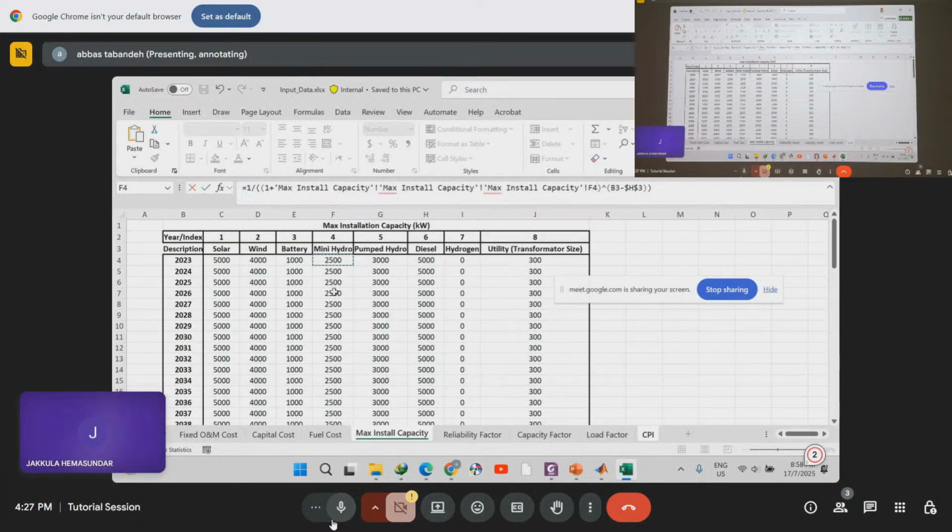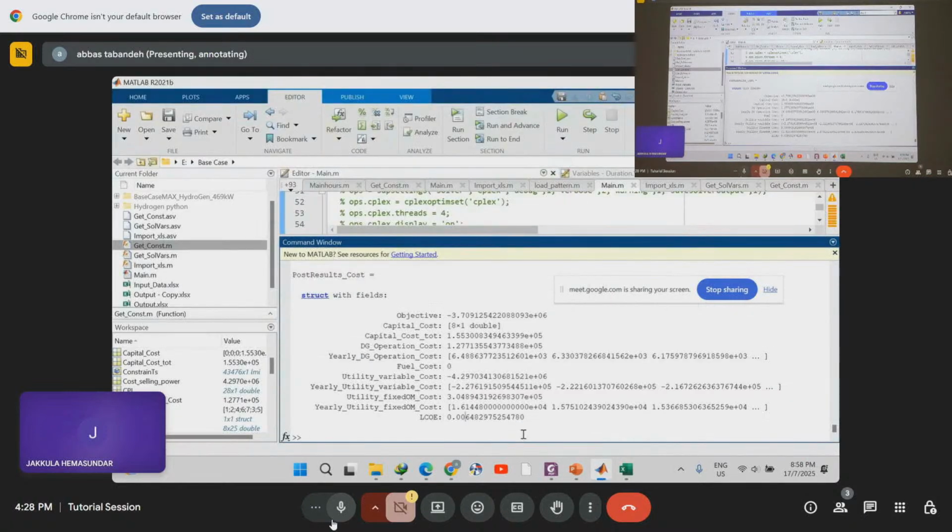Then run your program and compare your results to, for example, what will happen to the levelized cost of energy.